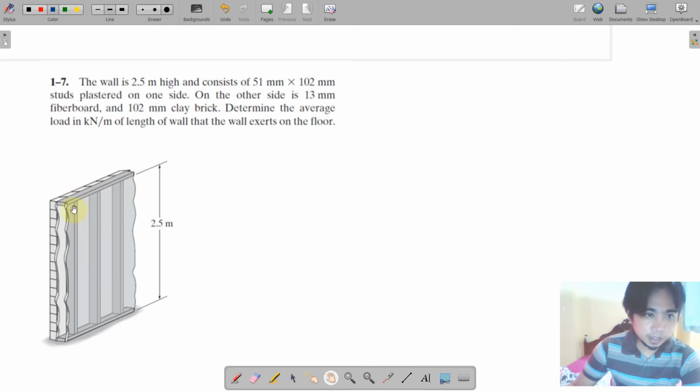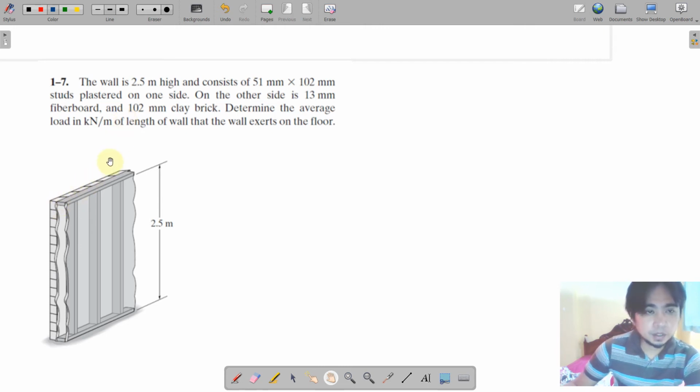These are studs, used to hold the board as well as the plaster. On the studs, we have a surface that consists of plaster on one side. On the other side is a 13 mm fiberboard and 102 mm clay brick.